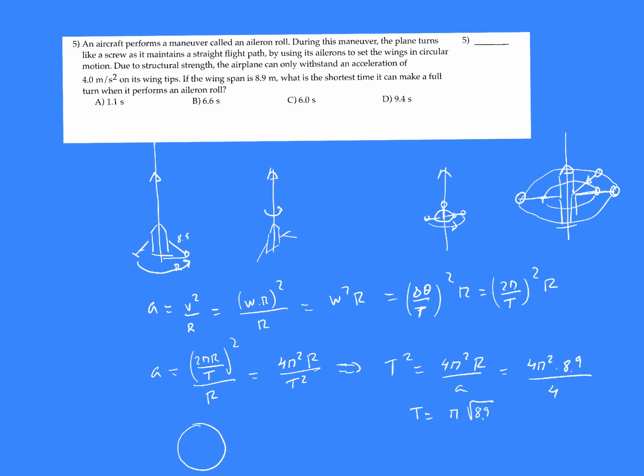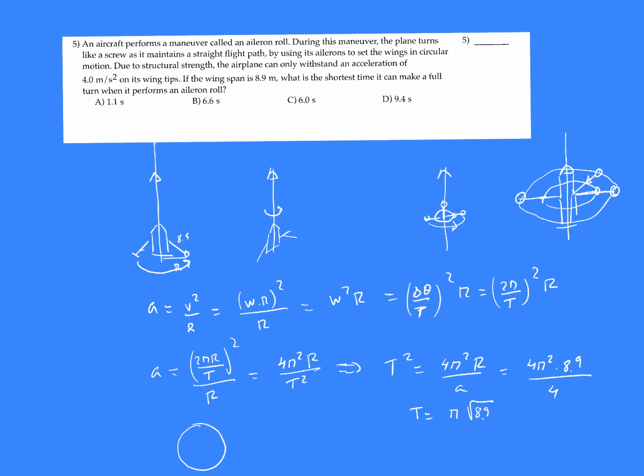We are going to do it in two ways and check that they agree. v squared divided by r is omega squared times r, because r squared cancels with the r. Omega is the change in angle divided by time.